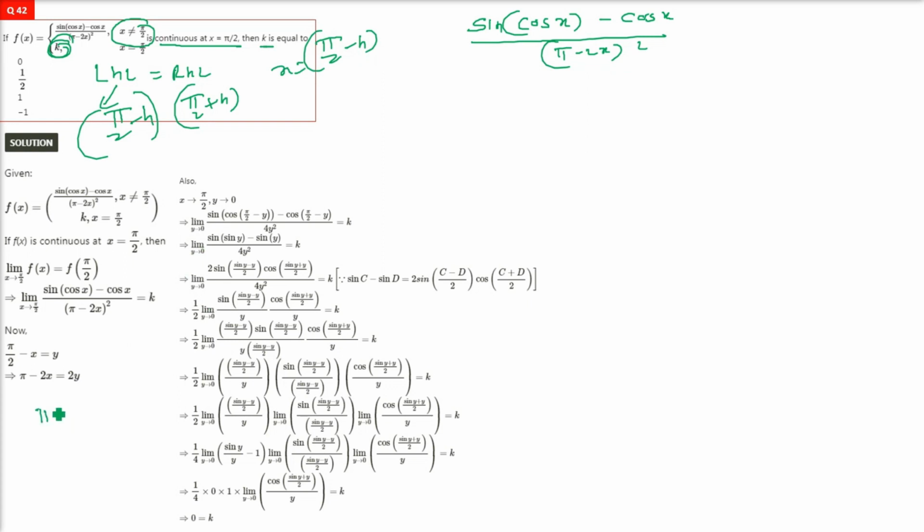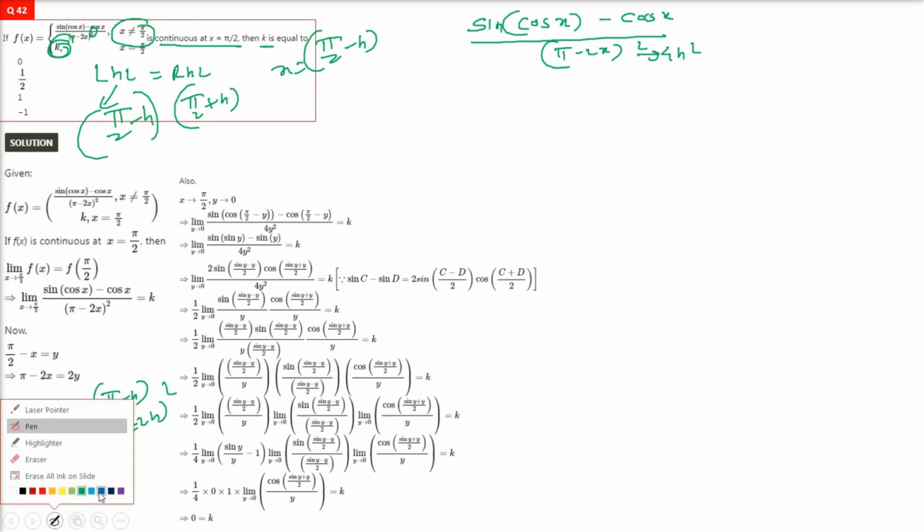Replacing the denominator: pi minus 2 into (pi by 2 minus h) is 2 into pi by 2, minus minus gets plus 2h, so only 2h remains. And since it is square also, it will be 4h square in the denominator.